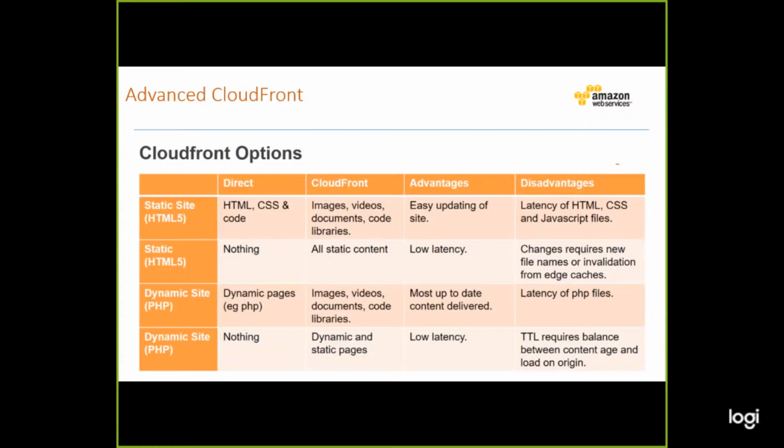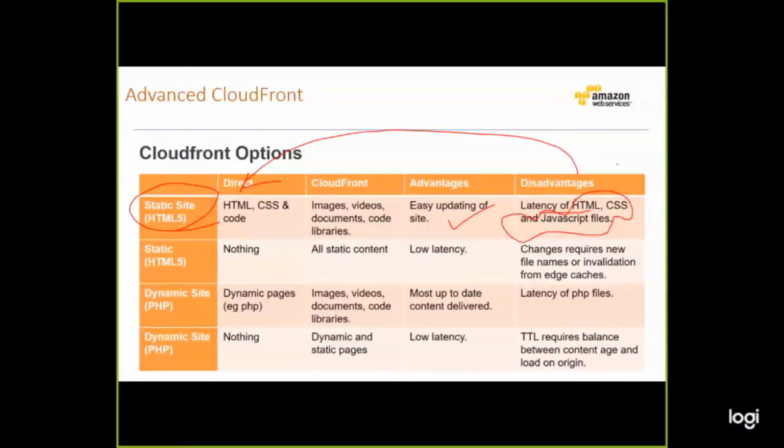It's going to be updated as soon as you add them to your website. So this is the first one. Now the disadvantage: you're going to have latency, because all these files are read from the origin.